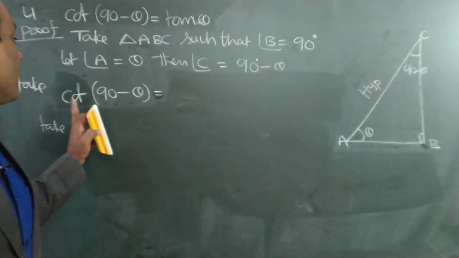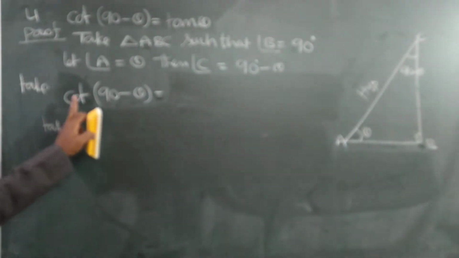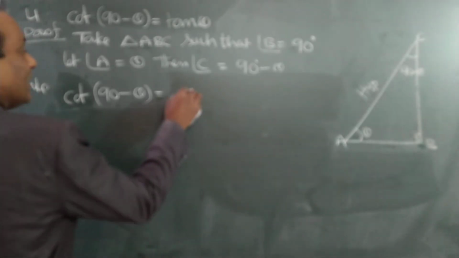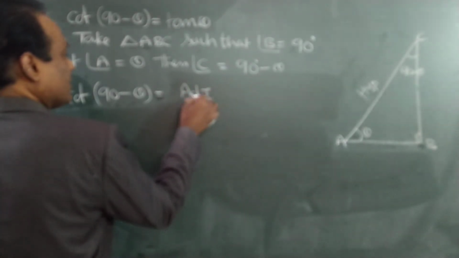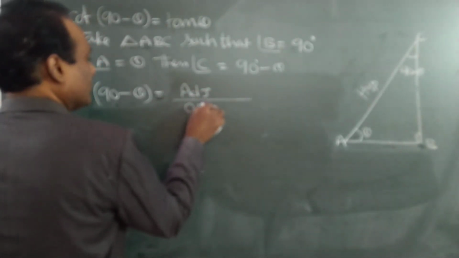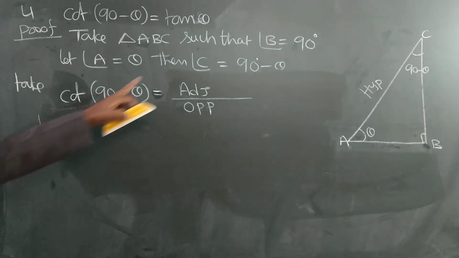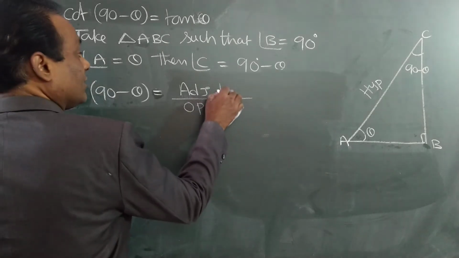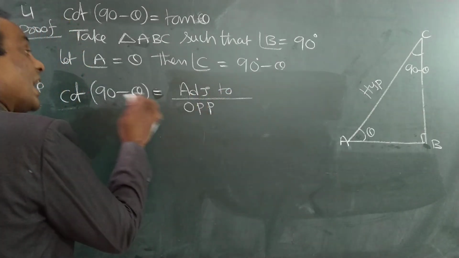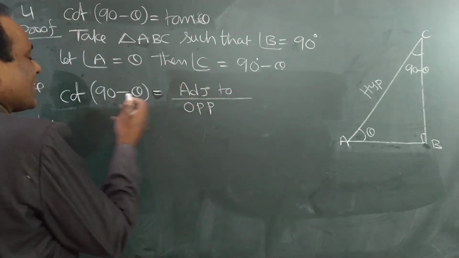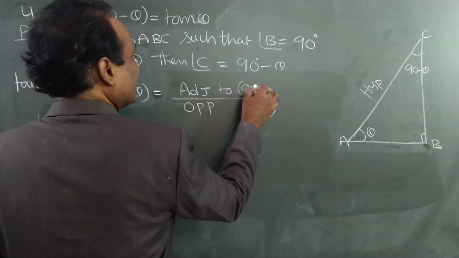See the cot definition: adjacent by opposite. But generally we have to write adjacent to which angle? What is the angle here? 90 minus theta.